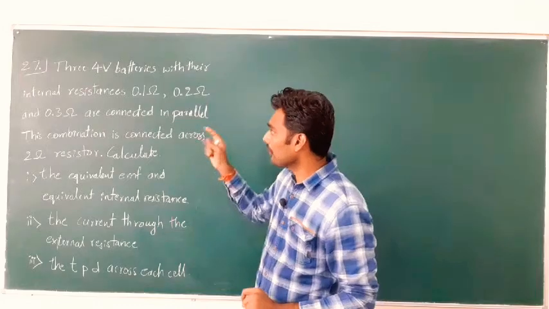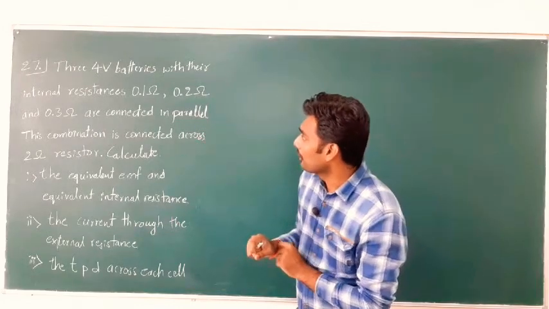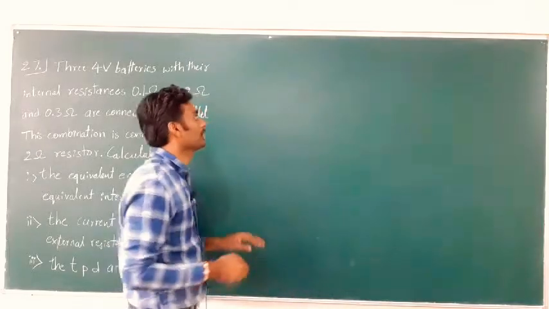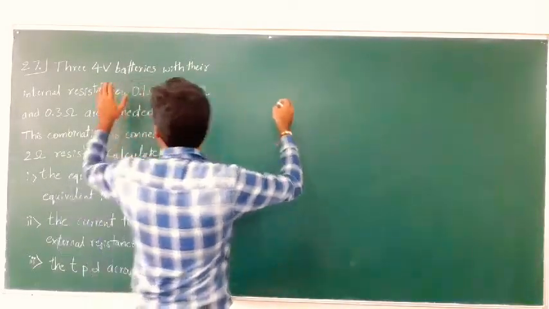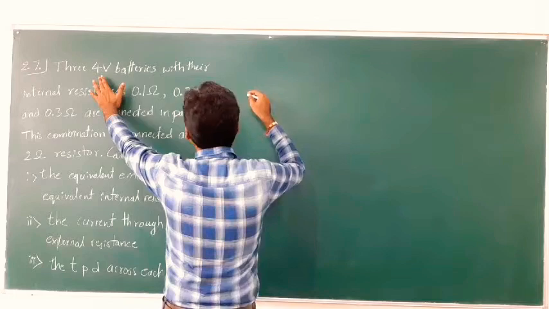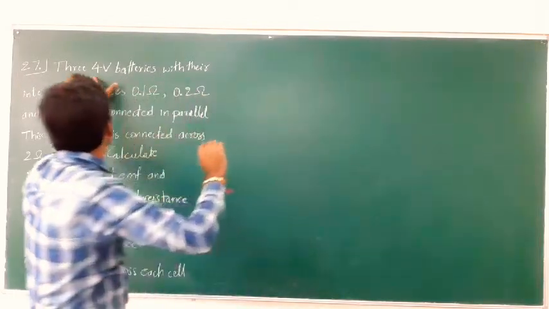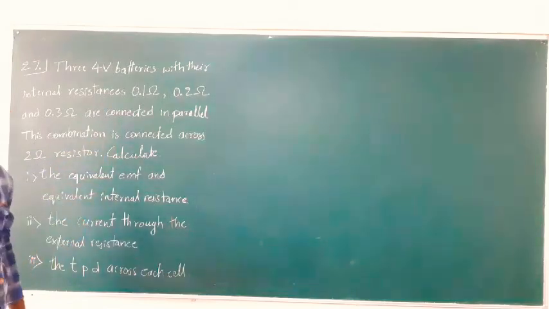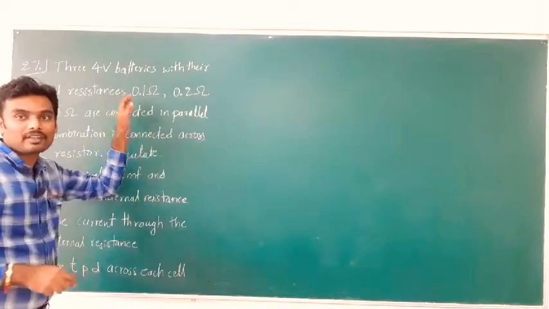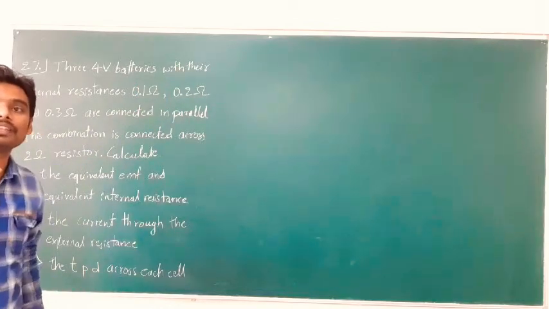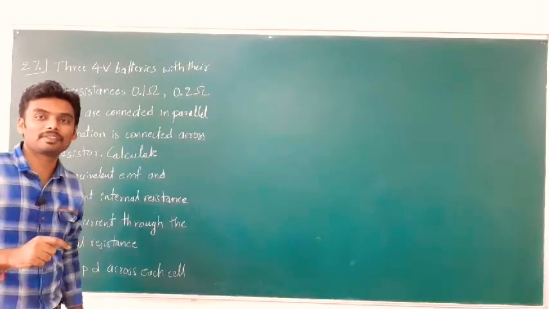According to the given data, we have three 4-volt batteries. So all those three 4-volt batteries have 4 volt of EMF. When they say three 4-volt batteries, they are referring to the EMF of each cell or each battery.